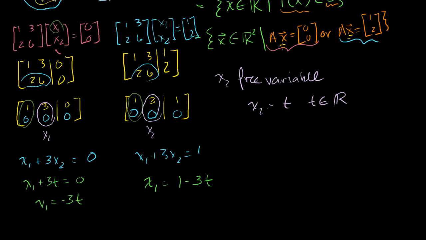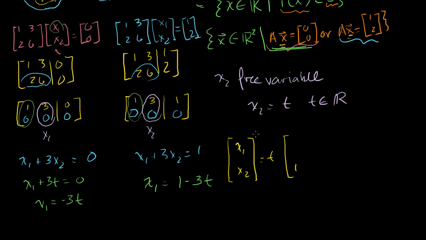Now, if we wanted to write the solution sets in vector notation, the solution set for this first equation is going to be x1, x2 is equal to what? Well, x2 is just going to be equal to t. So it's going to be t times 1.